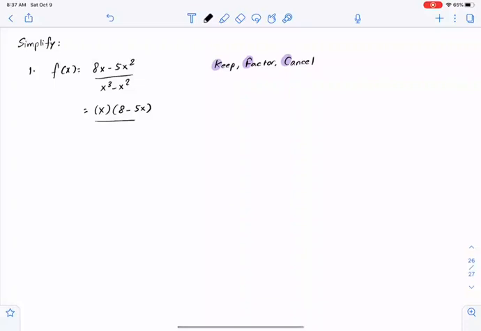If I pull x squared out, because I have x cubed and x squared, I'll simply have x minus 1. The x and the x squared will get cancelled. So we simply have 8 minus 5x divided by x times x minus 1.